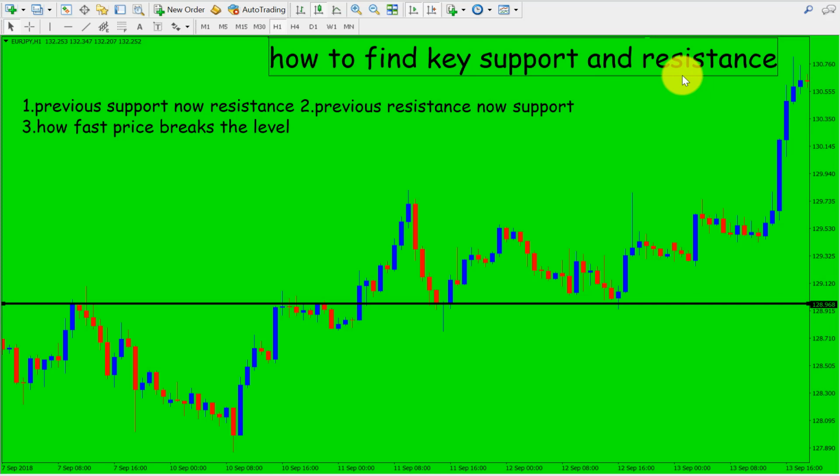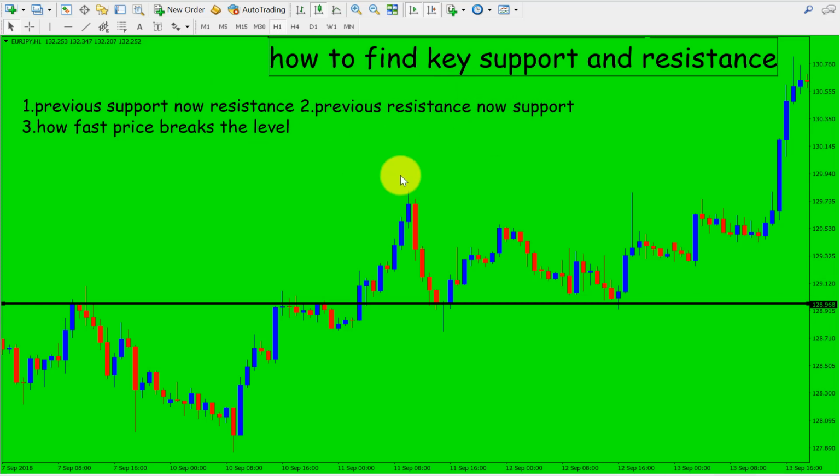Our today's strategy is how to find key support and resistance, and today we will learn how previous support can act as resistance now, and how previous resistance can act as support now.